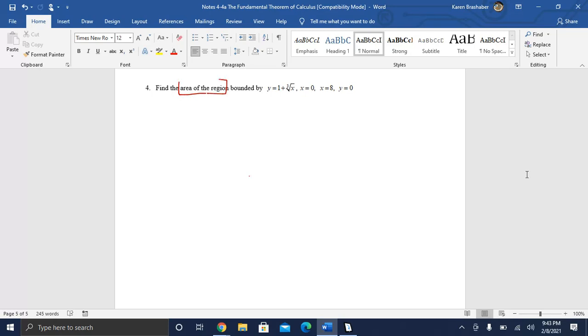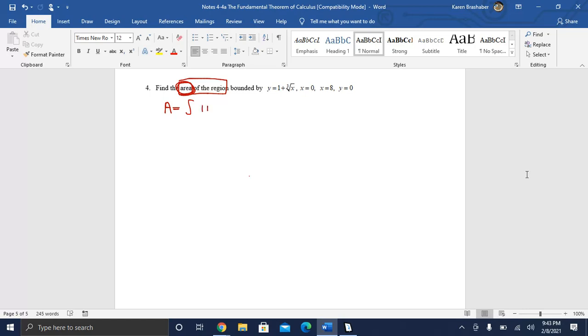So this area word needs to be a key word to you that means I'm going to have to integrate. Your function is y equals 1 plus the third root of x. So right away, you can state that you're going to be integrating and finding area.